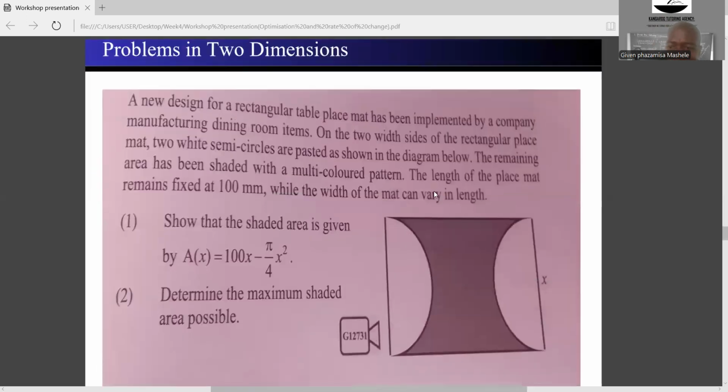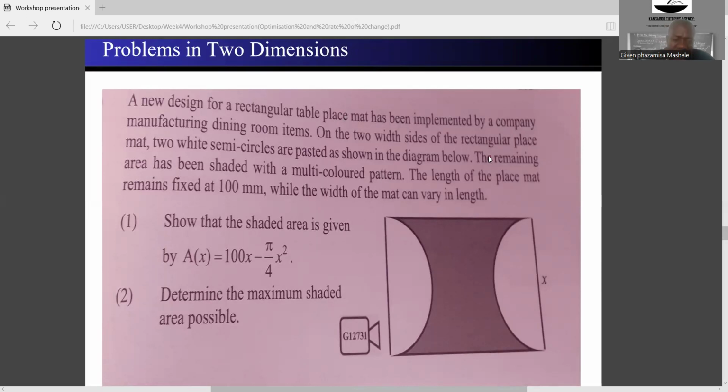Right, here is the second one. Here they're saying a new design for a rectangular table placemat has been implemented by a company manufacturing dining room items. On the two-width side of a rectangular placemat. So what does this mean?